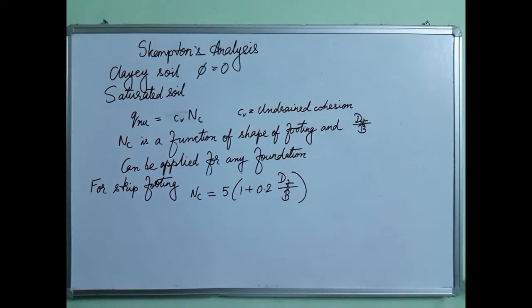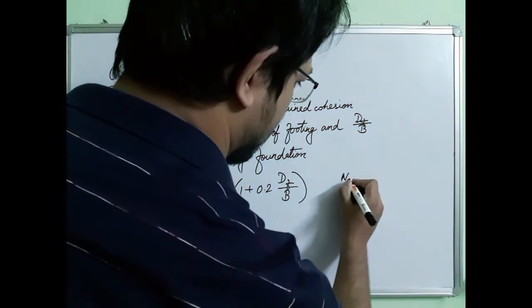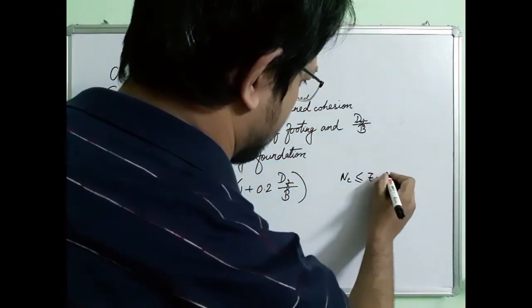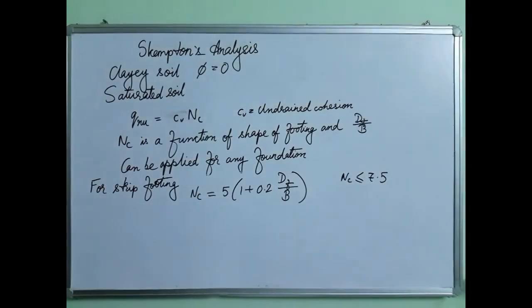Now, the maximum value of Nc is taken as 7.5. This is for strip footing. So, let us go for the square and circular footing.